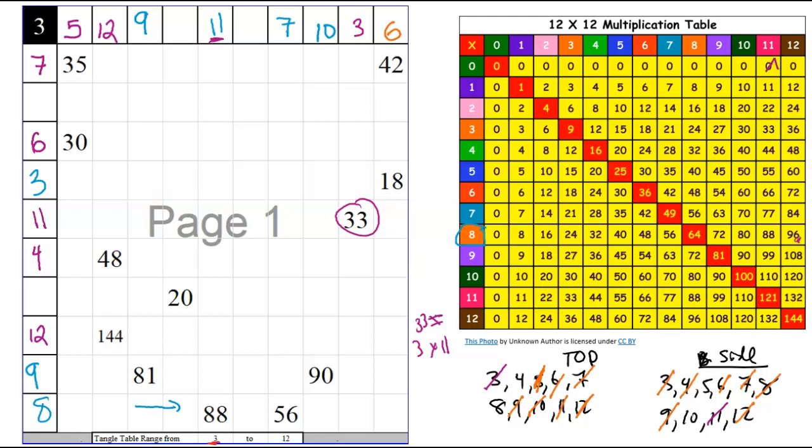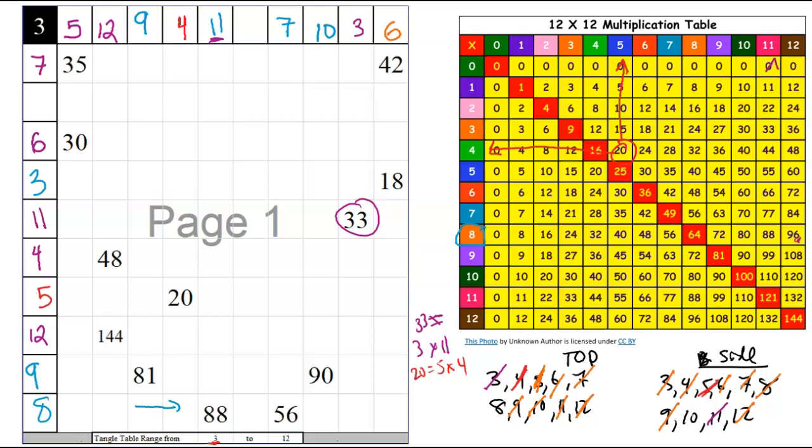I see 20 right here. So 20 is in the column of 5 and in the column of 4. Those are between the numbers 3 and 12. So again, I know that 20 is 5 times 4. I'm not going to put 5 here because I already have a 5. So that means I have to put my 4 here. So 4 goes at top, 5 goes on the side.